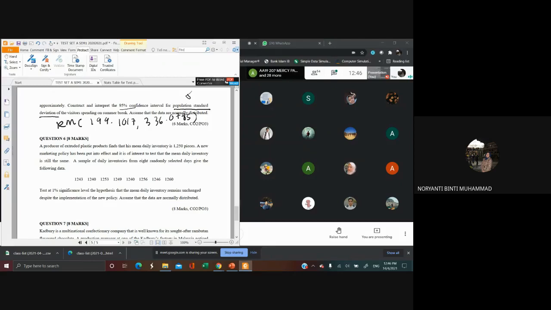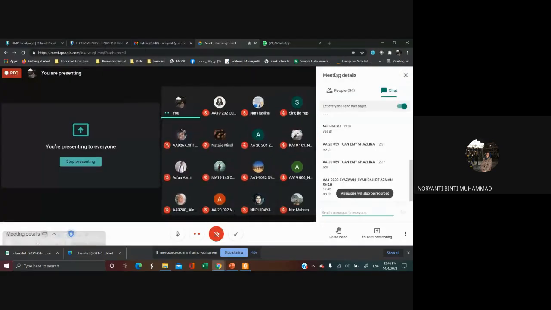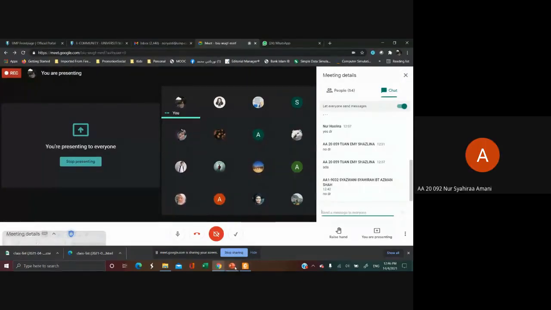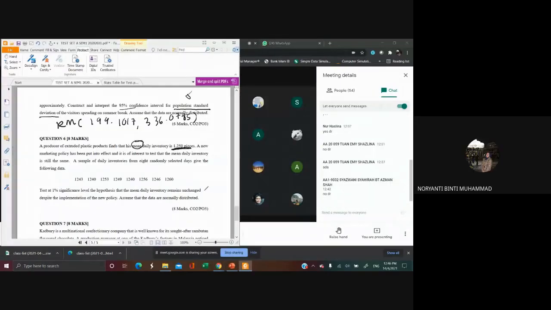Okay, so you can see the first sentence just mentioned his mean daily inventory. So this one, mean. Is it X bar or mu? Is it X bar or mu? You. Mu. Okay, mu. Because you have this value but you didn't know how many sample. A new marketing policy has been put into effect and it is interesting to test the mean daily inventory is still the same or not.